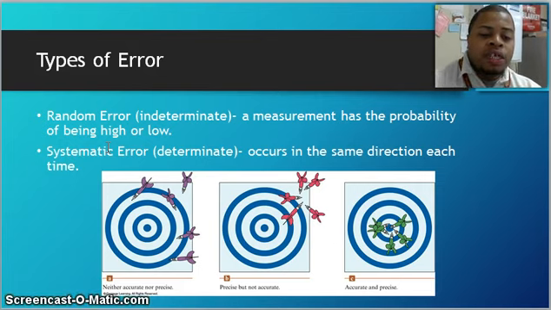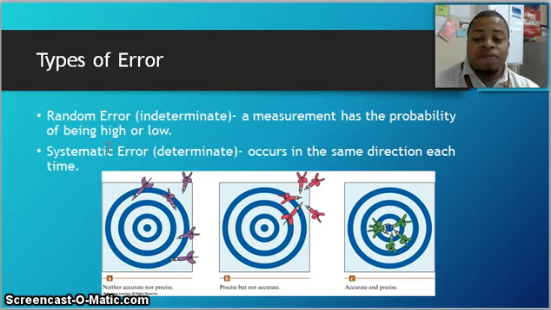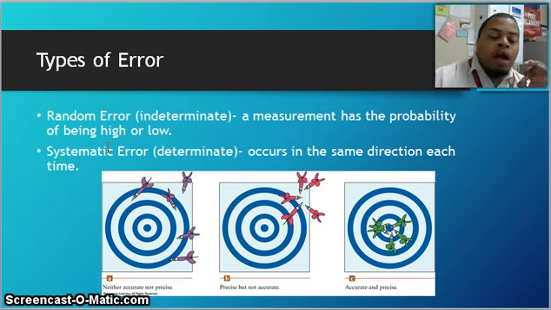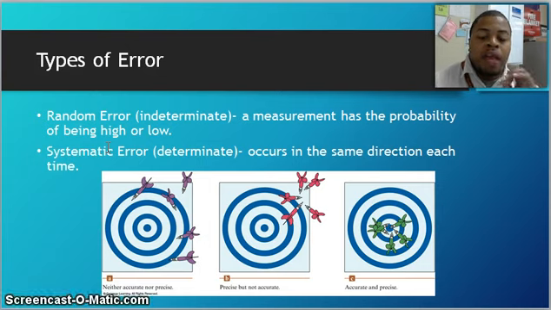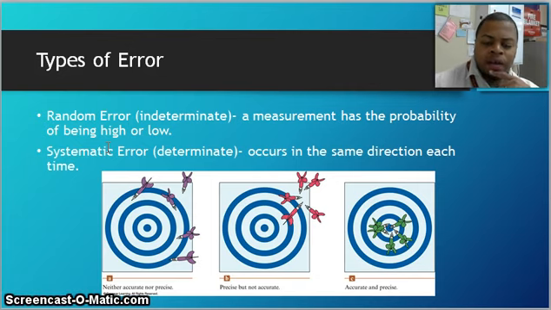Now, as we continue to look at this, we want to pay attention to the fact that our precision is only accurate if we have no systematic error. Again, our precision is only accurate if we have no systematic error. This is going to be very important as we continue on down the line. I want you to make sure you write down any questions of anything that you may still be having.